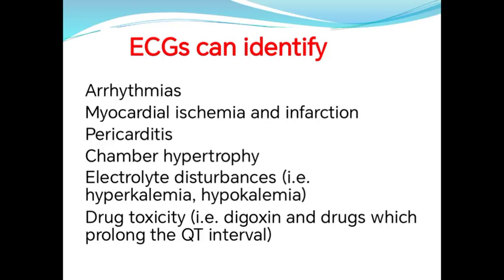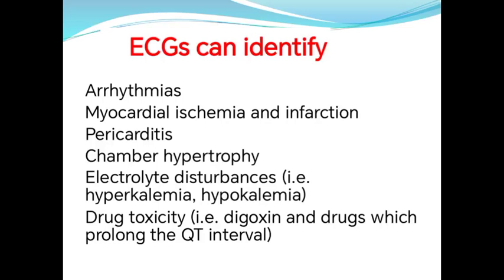Pericarditis, acute or chronic, and chamber hypertrophy, like left ventricular hypertrophy and right ventricular hypertrophy, can all be diagnosed using the ECG. And definitely we can use the ECG to diagnose electrolyte disturbances, for example hyper- and hypokalemia and hyper- and hypocalcemia.